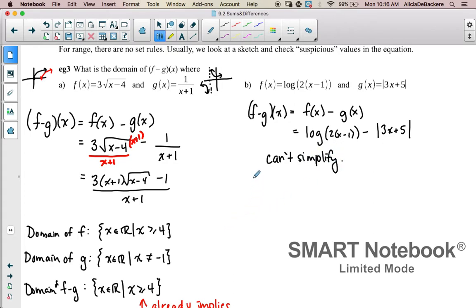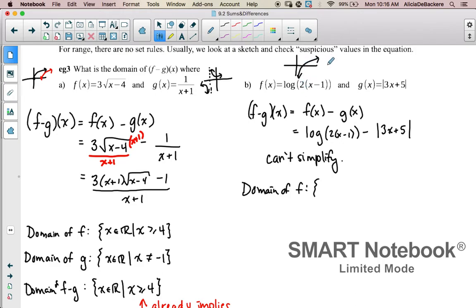So again, to come up with my domains, I am going to think about my parent functions and what they look like. So hopefully you remember an original log graph looks like this. There's a vertical asymptote here at x equals 0, but this graph has been horizontally compressed by a half.